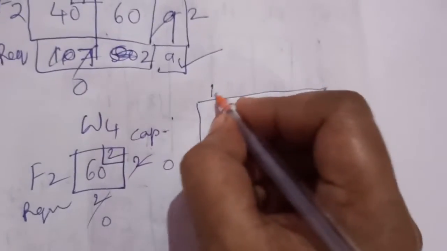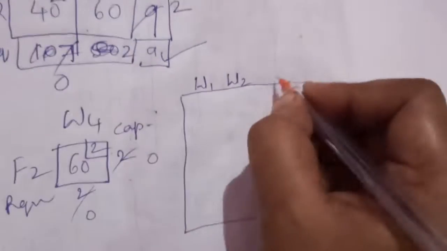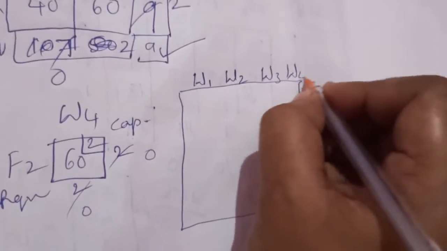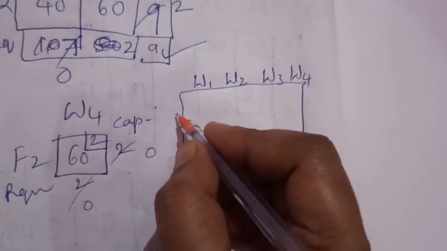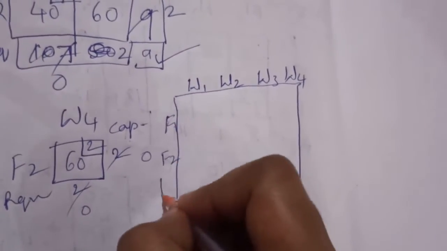I will show those in this table: W2, W3, W4 and F1, F2, F3.